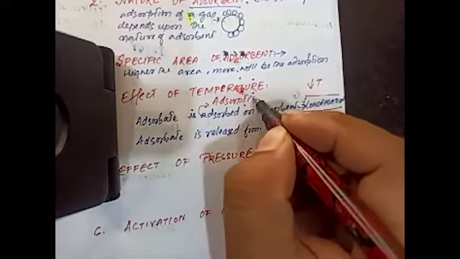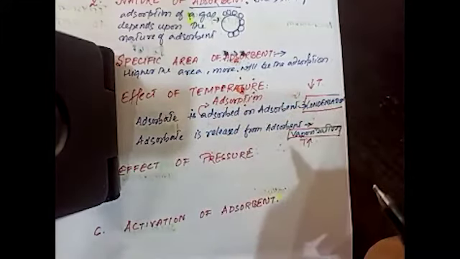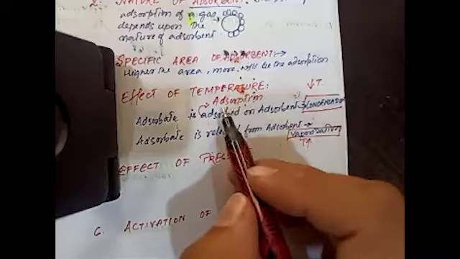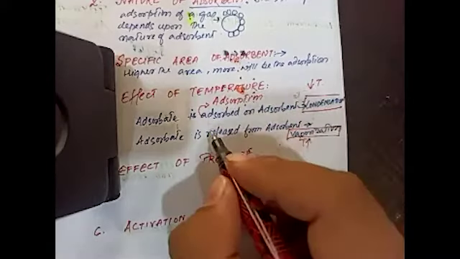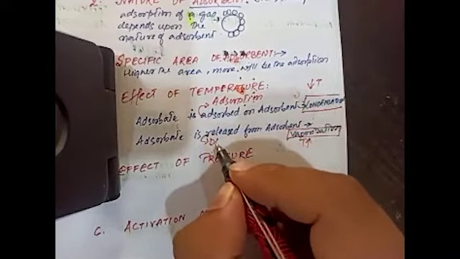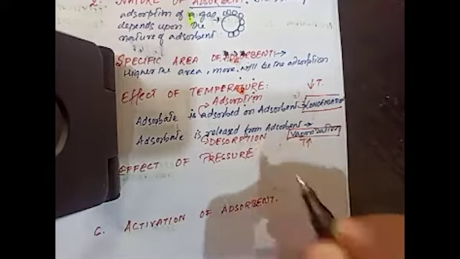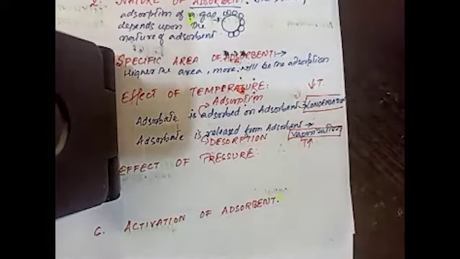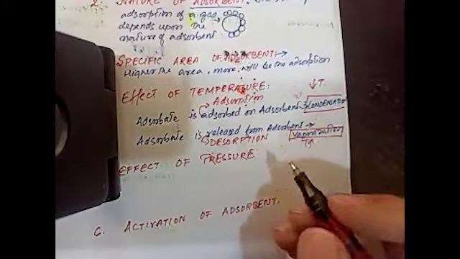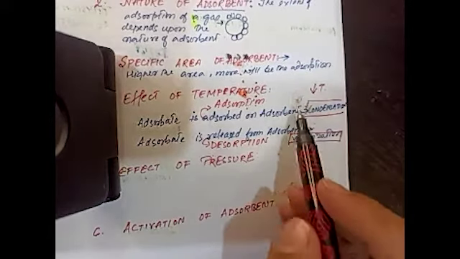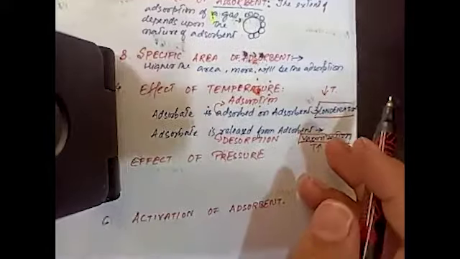Adsorption is favorable at lower temperature. ठीक है. Adsorption is favorable at lower temperature and desorption, release का मतलब क्या होता है, desorption. Desorption is favorable at higher temperature. That's all. Fine. ठीक है. तो टेम्परेचर जितना कम हो उतना ज्यादा चिपकेगा.